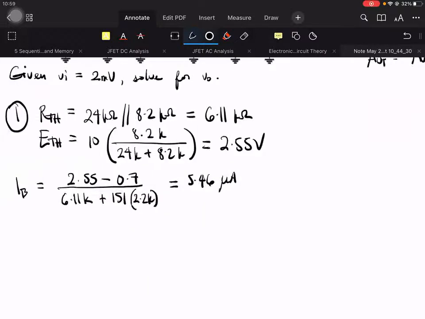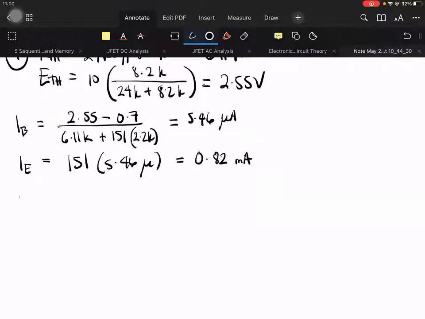Para ma-get ang IE. So IE is 151 — okay, beta plus 1, di ba? — times 5.46 micro. So IE is 0.82 milliamperes.